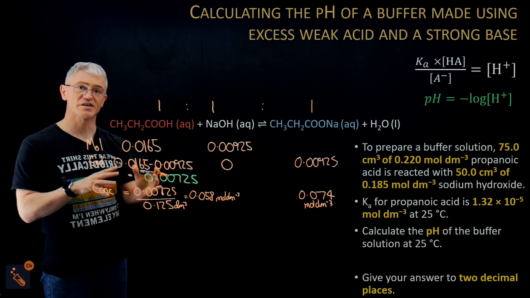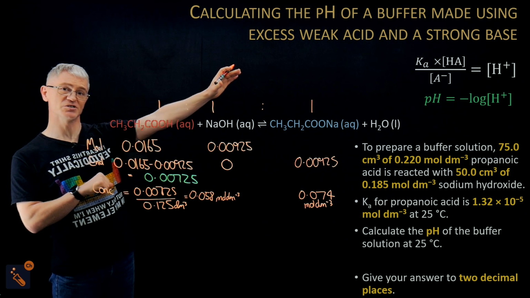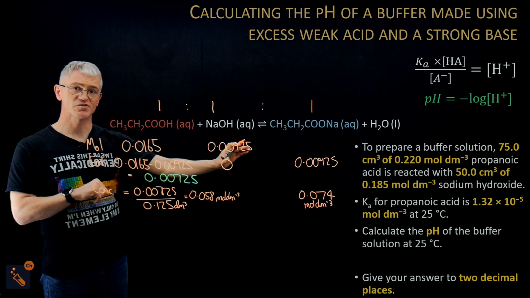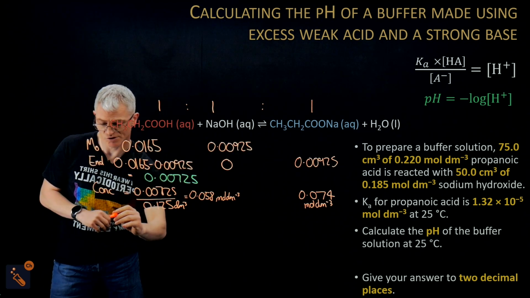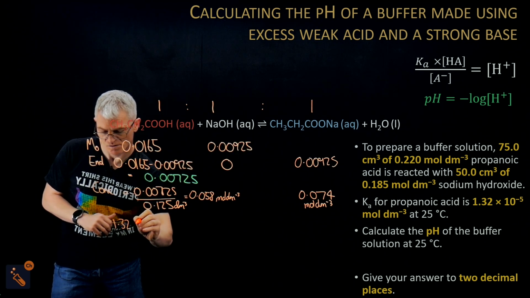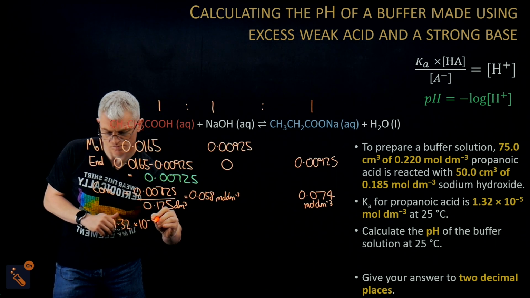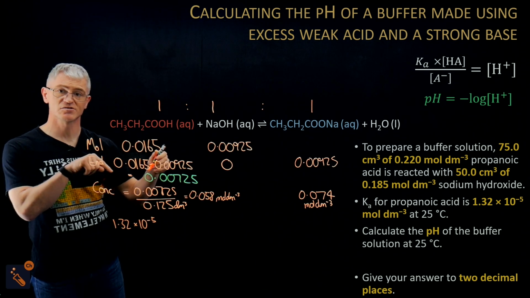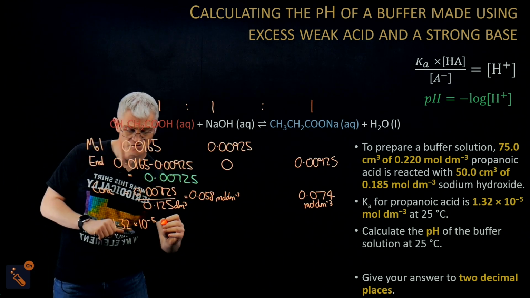So we've got our concentrations now, and all we have to do is use our Ka. We've got Ka already arranged up there, which is nice, and all we need to do is put our numbers in. Our Ka is 1.32 times 10 to the minus 5, times by the HA concentration, which is here, 0.058.